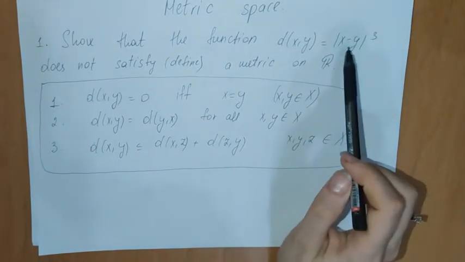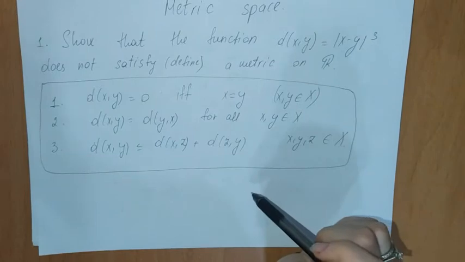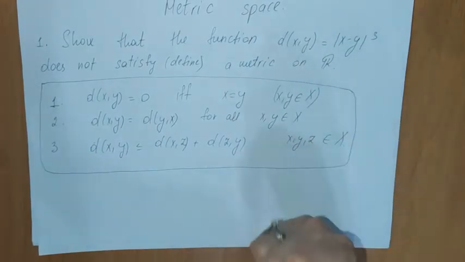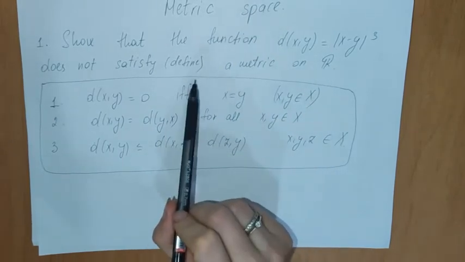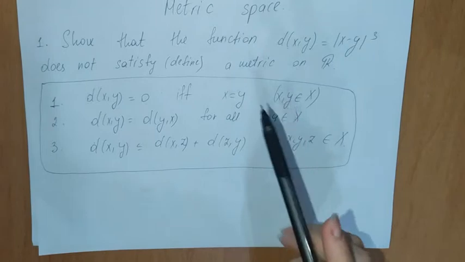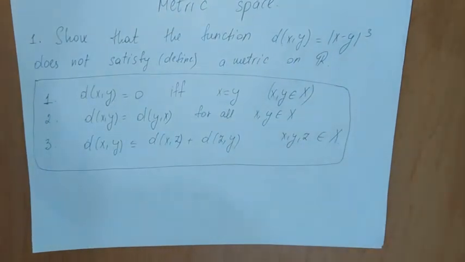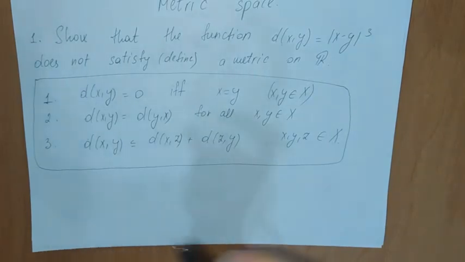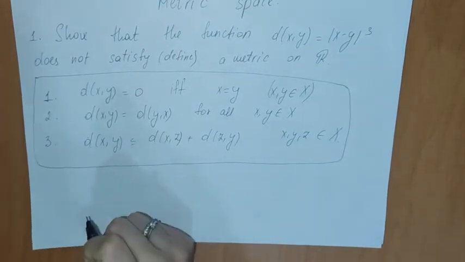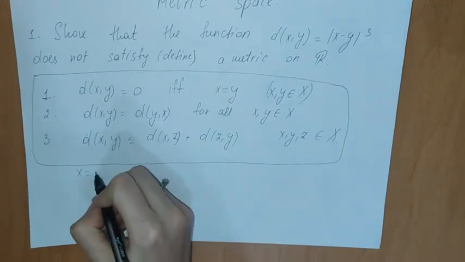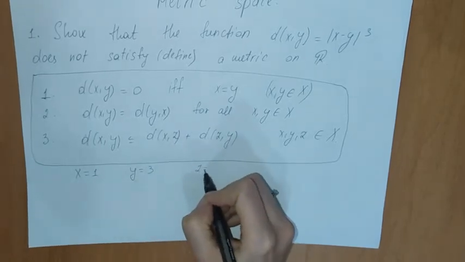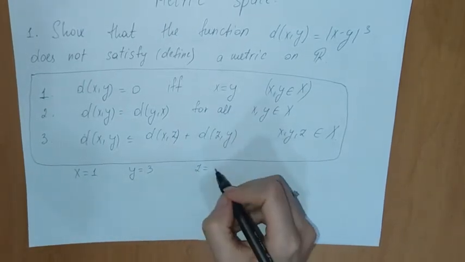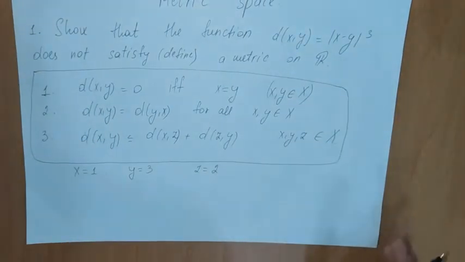If it doesn't satisfy this formula, we find out that the function doesn't define a metric on R. So let's take x equal to 1, y equal to 3, and z a point between 1 and 3, z is 2.